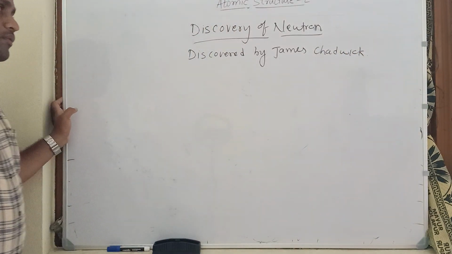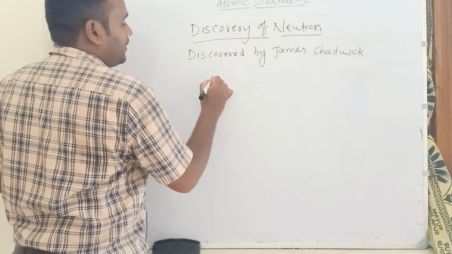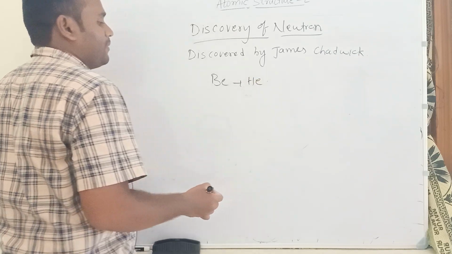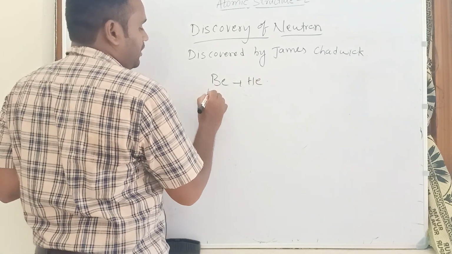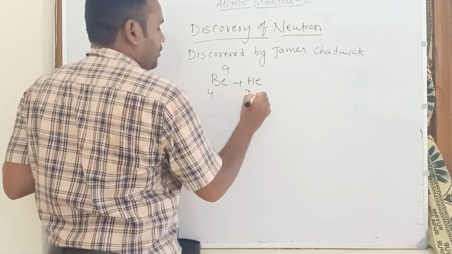So here he used some nuclear reactions. He bombarded beryllium with alpha particles. Here the alpha particle is nothing but helium. Beryllium has atomic number 4, mass number 9. Helium has atomic number 2, mass number 4.